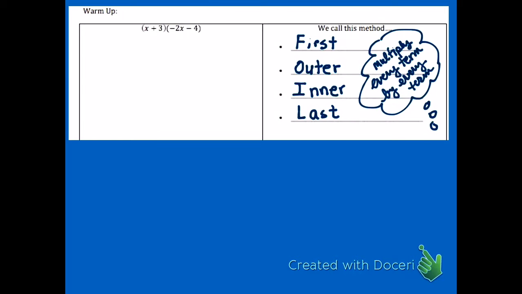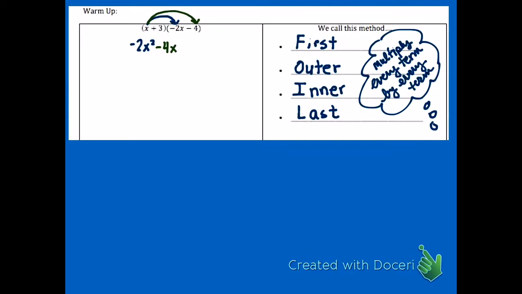So let's take a look at our binomial by binomial, so our FOILing. We'll multiply our first term by first term, and that gives us a negative 2x squared. So we're multiplying that x by x. Then we are multiplying our outer terms, so that's the first term times the last term, and that gives us negative 4x.